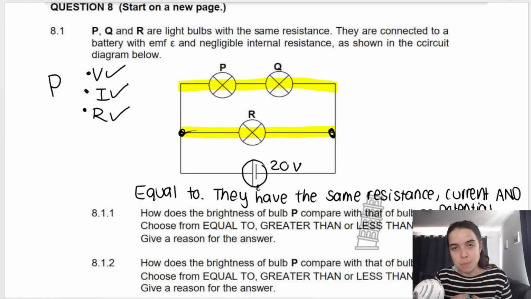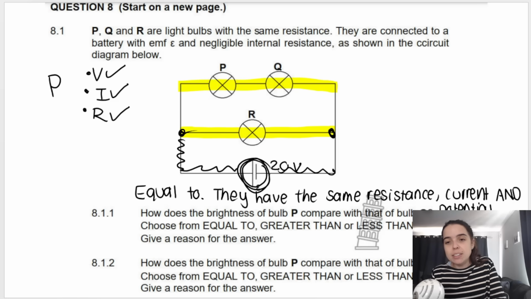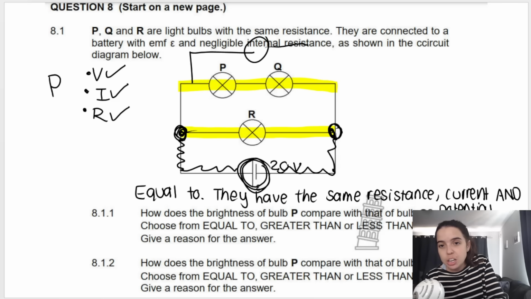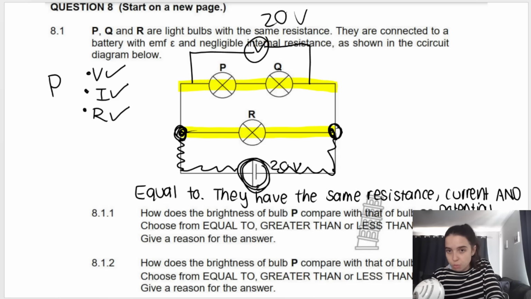Voltage is the same for parallel, but when we say that, we mean the voltages of the branches are the same. So, because the battery is 20 volts, there's no resistors connected here in series. What that means is that the parallel connection gets all of those 20 volts essentially. So this branch, the first branch, will have a 20 volt potential difference, and so will the second branch have a potential difference of 20 volts, okay, 20 volts.